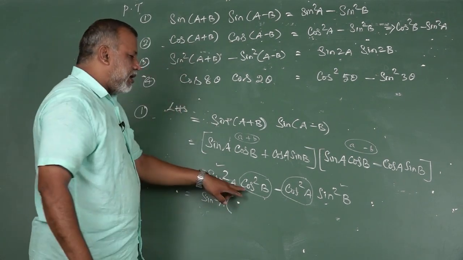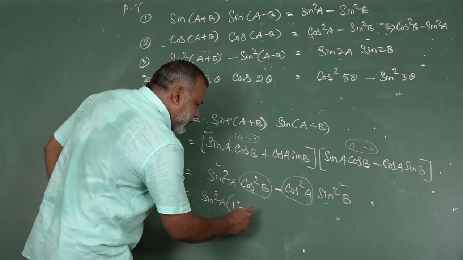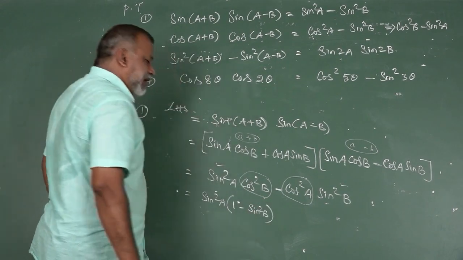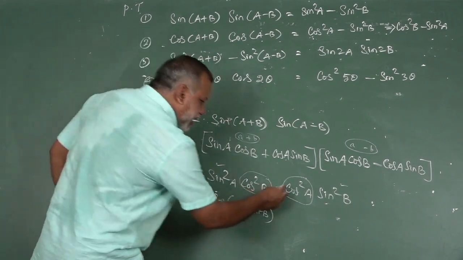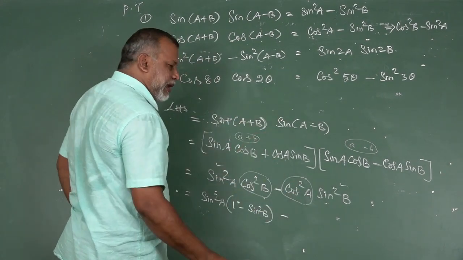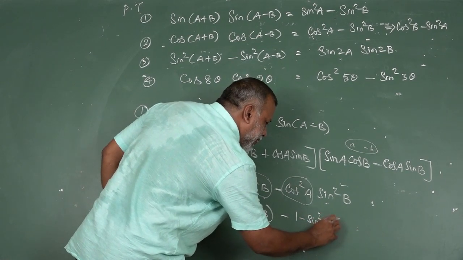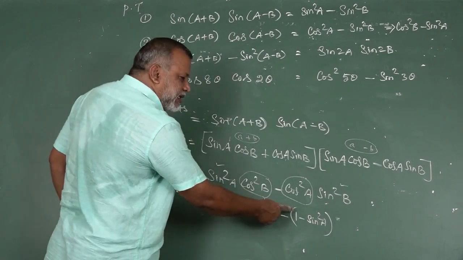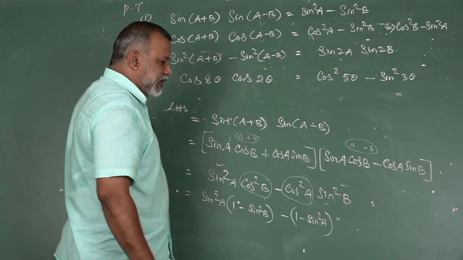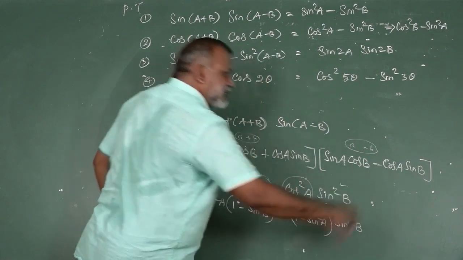Now listen. Cos squared B will be removed with the help of the identity 1 minus sin squared B. Again negative. Cos squared A will be removed with the help of 1 minus sin squared A. Here you already have sin squared B as it is.